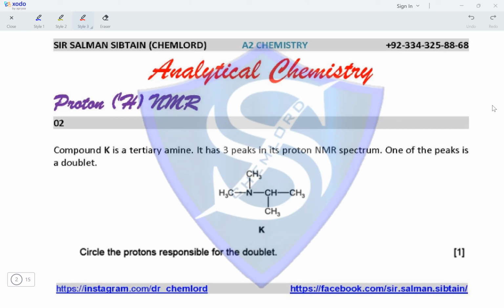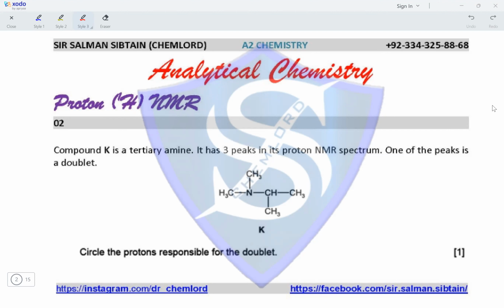So if we look at the CH3 groups attached to nitrogen, they will be a singlet because they are attached to a nitrogen atom which does not have any hydrogen on it. The CH next to nitrogen would be a multiplet because there are two CH3 groups attached next to it. However, the two CH3 groups are attached to the same carbon atom which has a single proton on it.